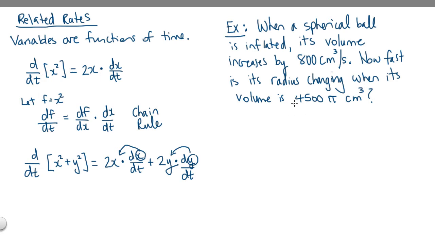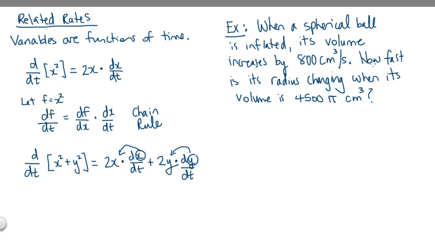It might look a little bit weird to have 4,500 pi there, but we'll see that's really just to make the numbers work out a little bit more nicely. So we know the spherical ball is being inflated. We know how quickly its volume is changing. And we want to figure out how quickly its radius is changing at a particular moment in time.